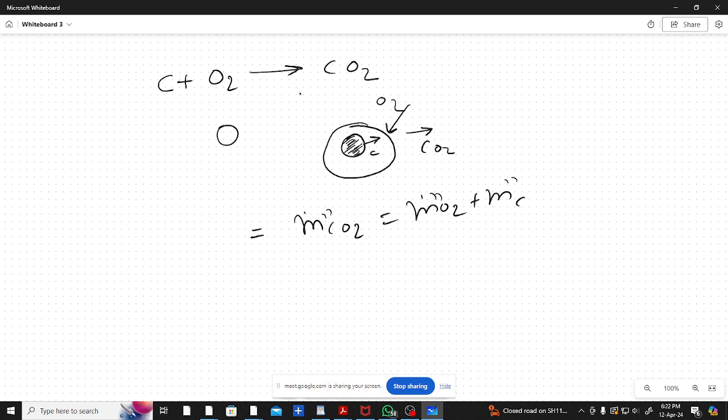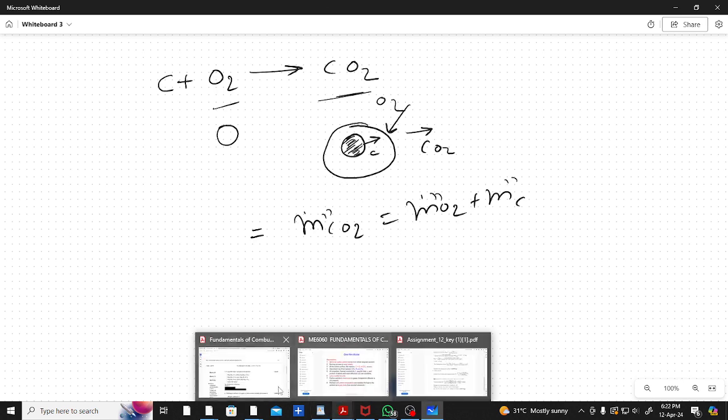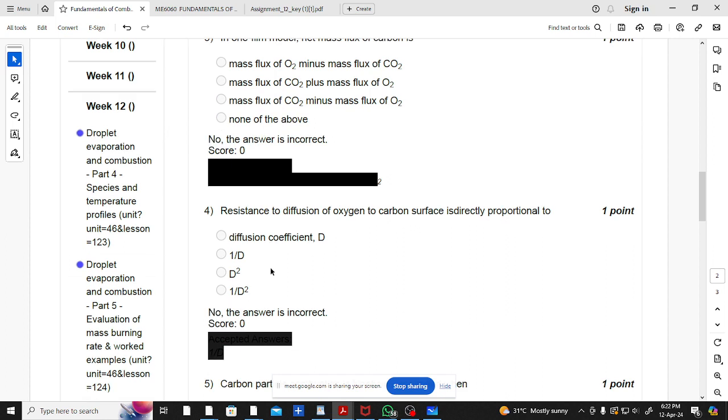See, for 1 mole of carbon and 1 mole of oxygen, 1 mole of CO2 is forming. So the mass flow rate of CO2 is more than that of oxygen, because the molecular weight of CO2 is higher than the molecular weight of oxygen. Now answer question number 4.